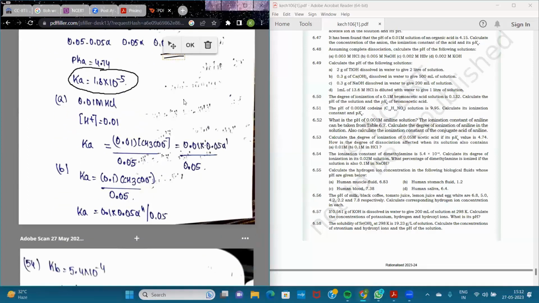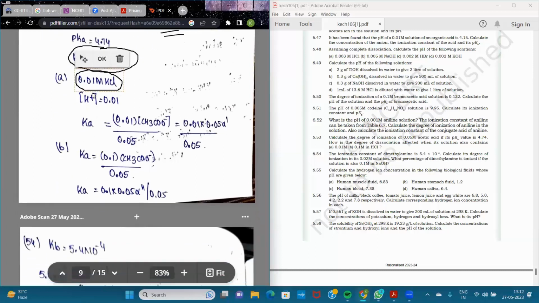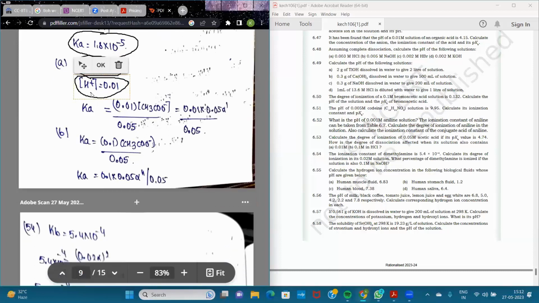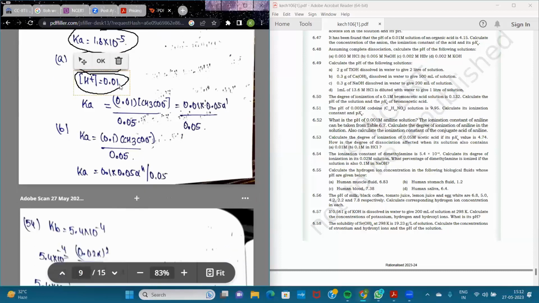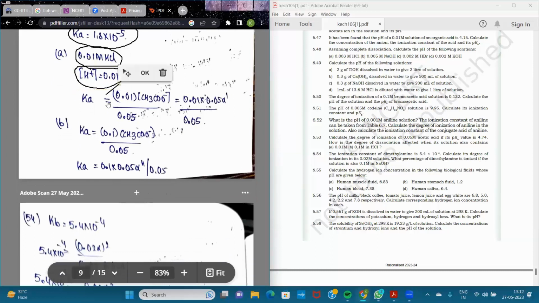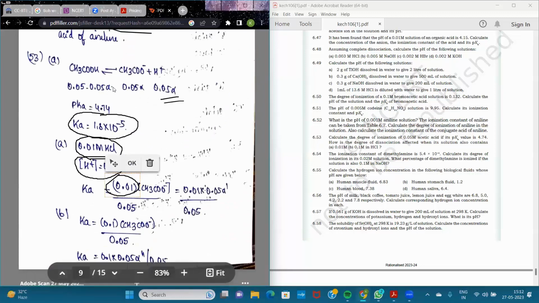In A part, they gave 0.01 molar HCl is present. Contribution from acetic acid is very small. So we can neglect the contribution of H plus concentration from acetic acid and we'll only include the concentration of H plus from HCl. That is 0.01, and concentration of acetate by 0.05 minus 0.05 alpha.